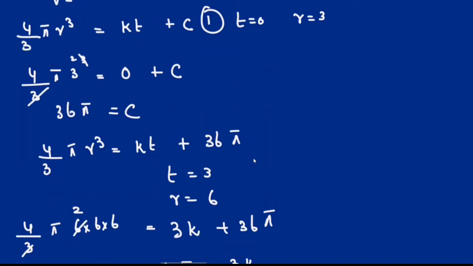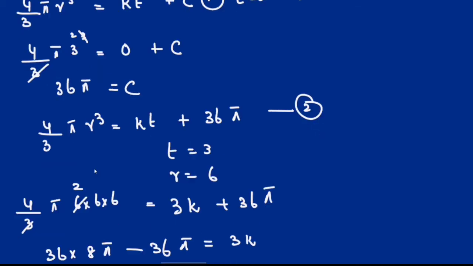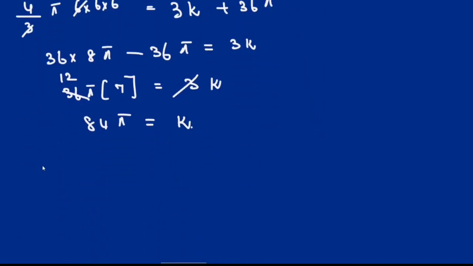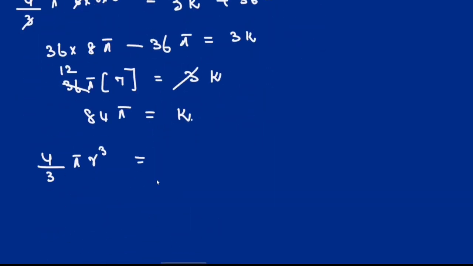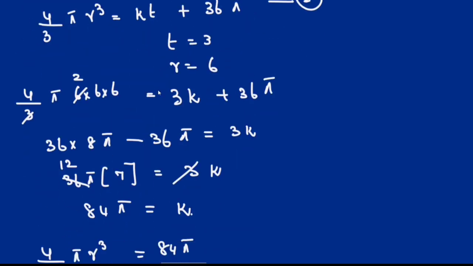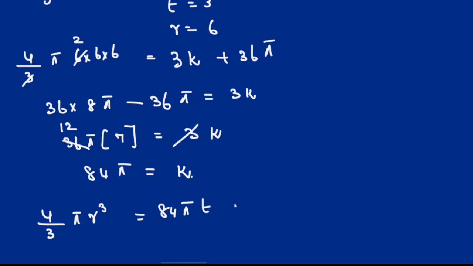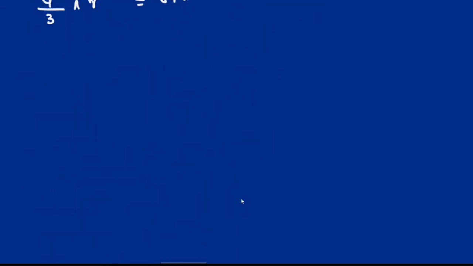Now put this here. This is the second equation. Already we found c. So the final equation is 4 by 3 pi r cube is equal to k, we found k is 84 pi, into t plus 36 pi.